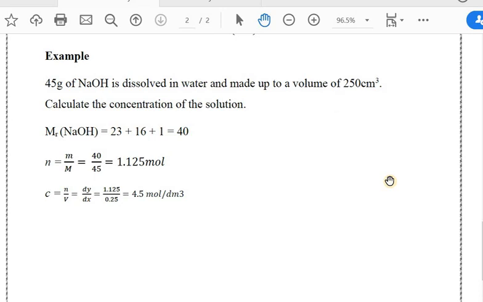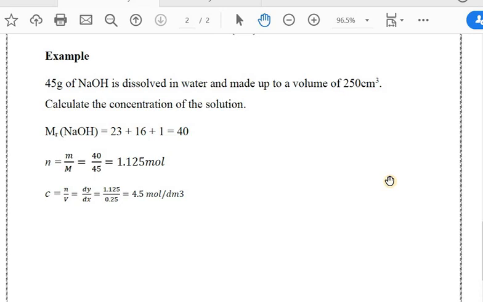Let's see if I did this one correctly. Let's have it as 45 divided by 40. I'm going to make a correction on this one. It is mass over molar mass. The mass that we're given there is actually 45, so it should not be 40 divided by 45.